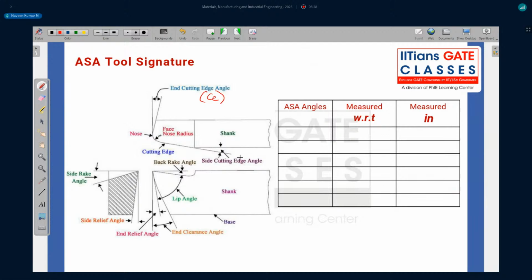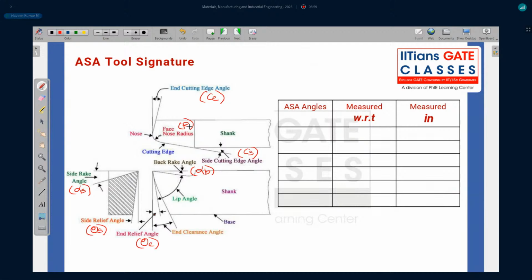This side cutting edge angle is given as CS. Side rake angle alpha S, side relief angle theta S, end relief angle theta E, and back rake angle alpha B. And where is that nose radius? Nose radius is given as R, or small r also is fine for me.